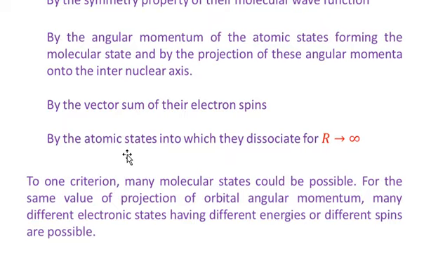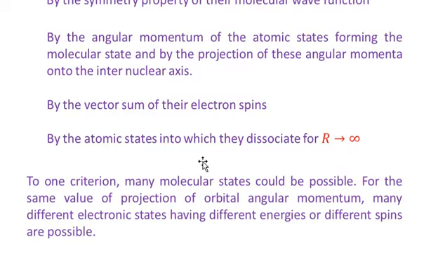The last one is by the atomic states into which they dissociate for R goes to infinity. So you see that when you set the condition that R goes to infinity, it means that the separation of the two nuclei, which we now consider heavy nuclei, will increase, and they will act as individual atoms with individual atomic states.